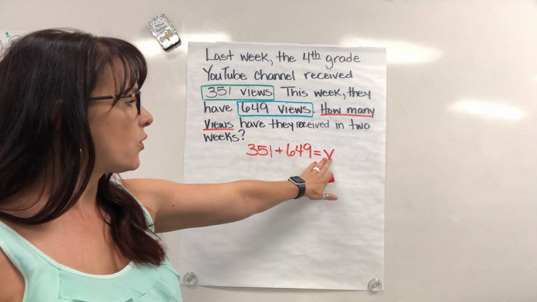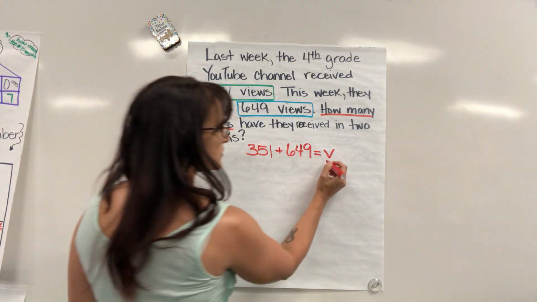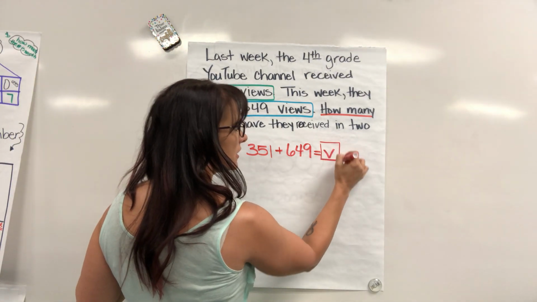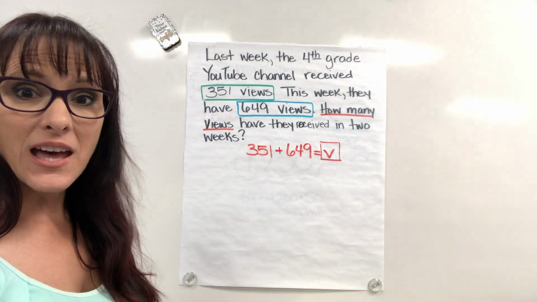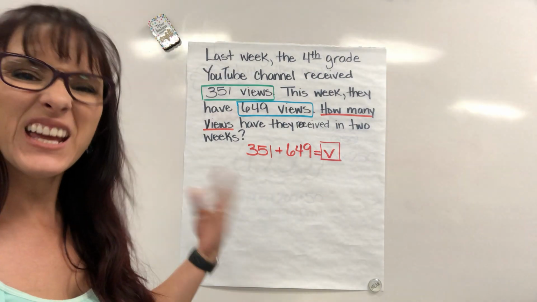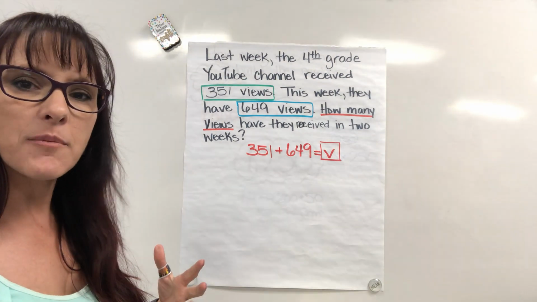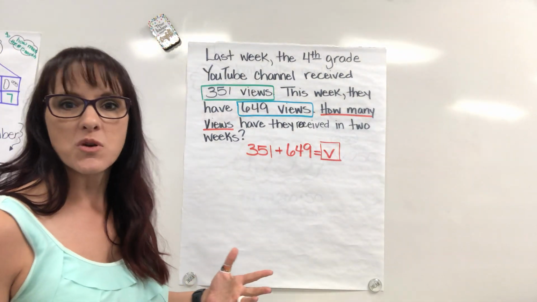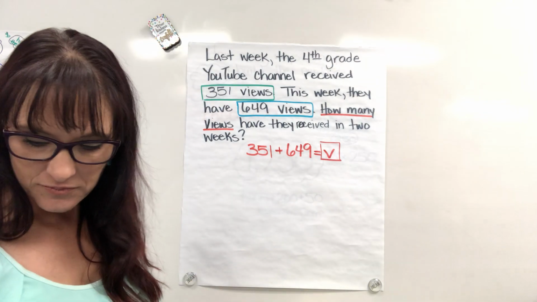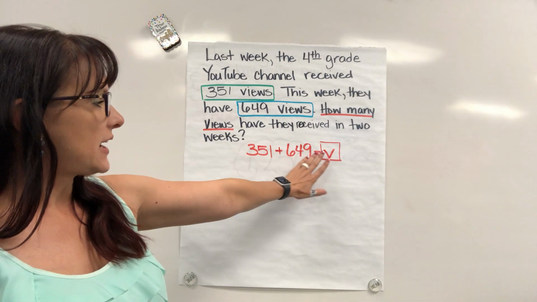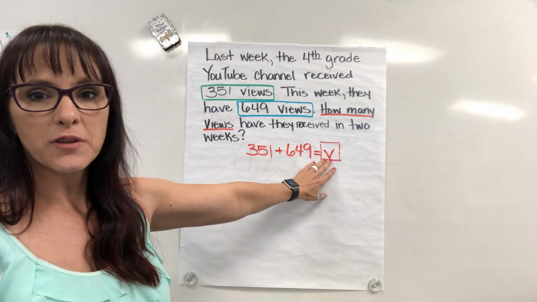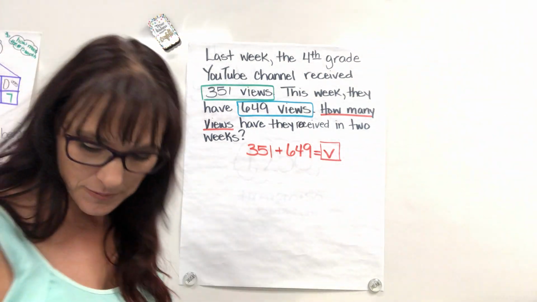Okay, that's going to be my total views. When you use a letter to represent a number, that is called a variable. We will get to that later. I'm just going to introduce these things as we come across them, and we will discuss them more later on this year. So I have 351 plus 649, and that's going to give me my total number of views, or my V, my variable.